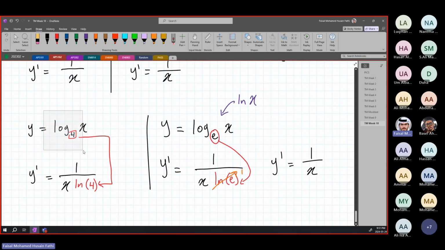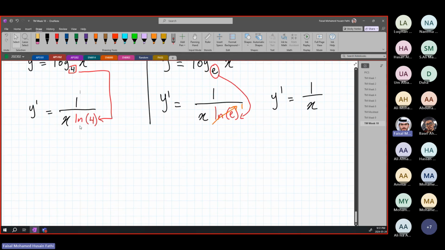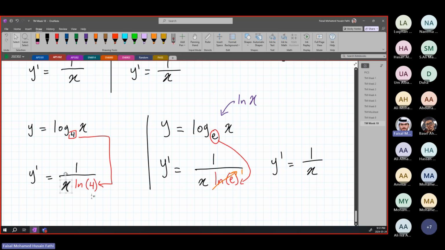If you have log of any base, it is going to be 1 over x times ln of that number. I'm going to do a lot more log and ln equations later on, with more confusing things inside. I don't want to confuse you now, because there's a new concept I want to introduce which will make it all easier for any type of integration.